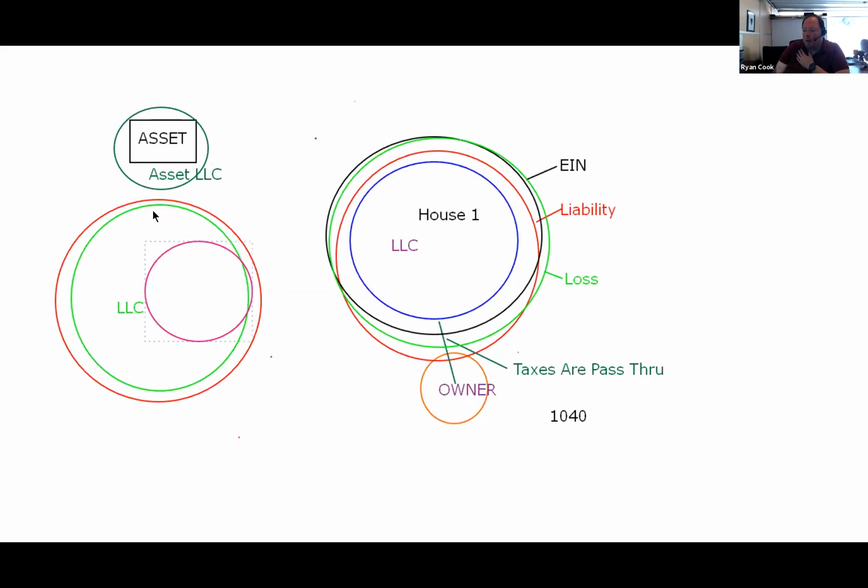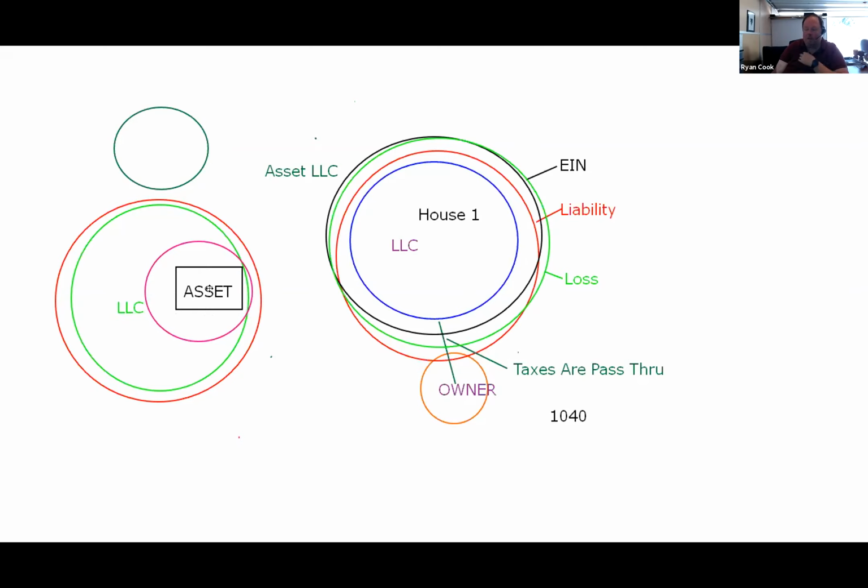If I don't give it its own LLC, the asset, see this one, asset LLC, is over here now. This now falls because I didn't make it an LLC. All of its liability, that's its red circle, falls within the parent company.